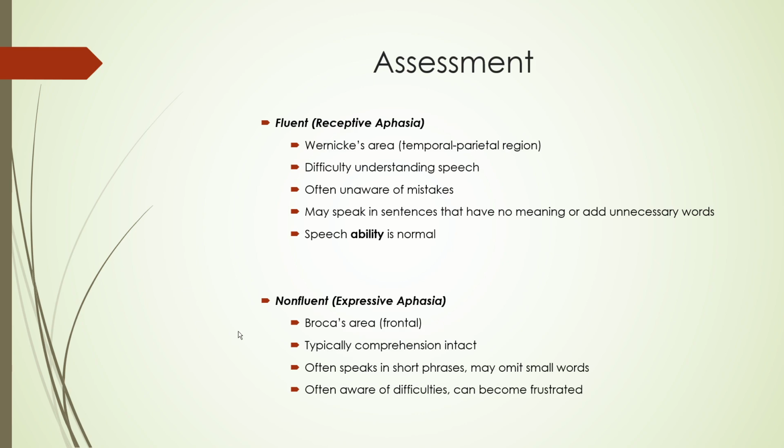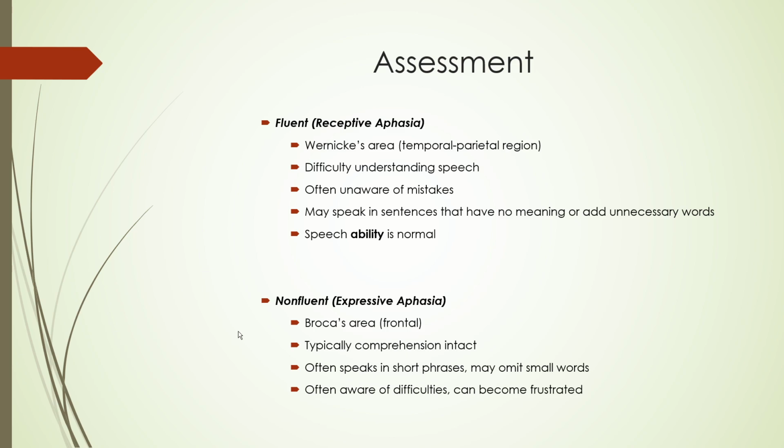This is as opposed to non-fluent or expressive aphasia, which is related to Broca's area in the frontal lobe. Their comprehension is intact, but they are not able to speak appropriately or express themselves appropriately. Because of that, they often speak in short phrases and often omit small words.